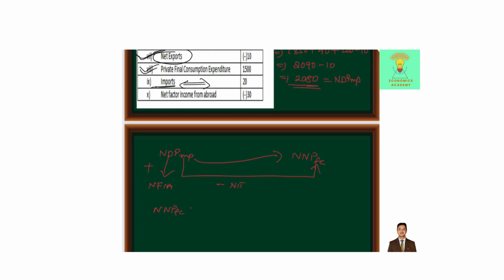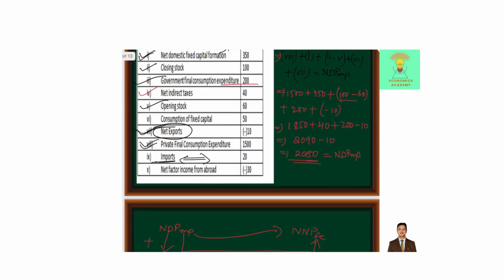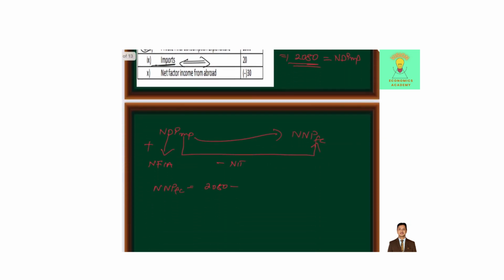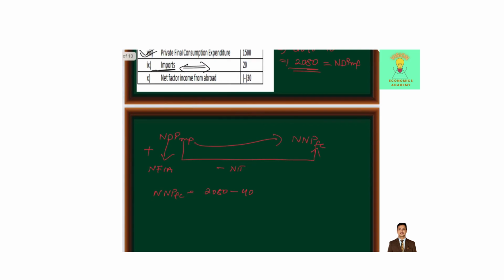NNPFC equals 2080 minus, what is the value of net indirect taxes? 40. And what is the value of NFIA? Minus 30. Now 2080 minus 40 minus 30 would be 2010. So NNPFC is 2010.